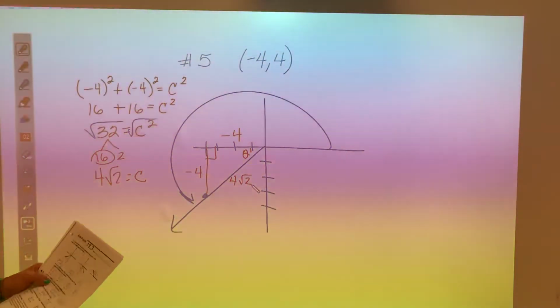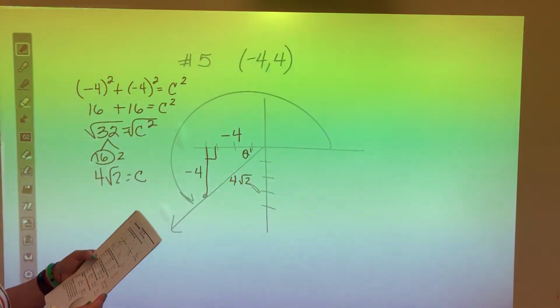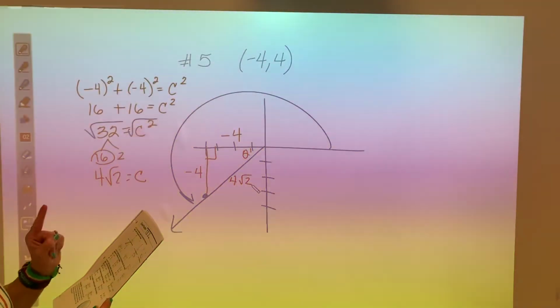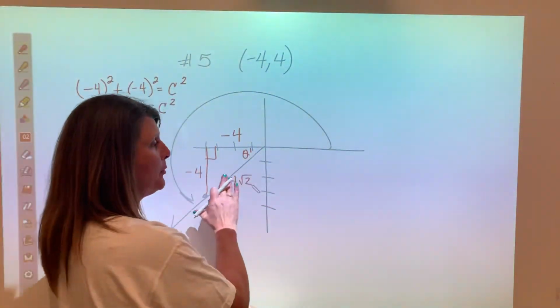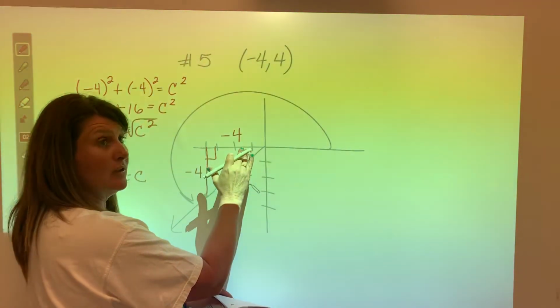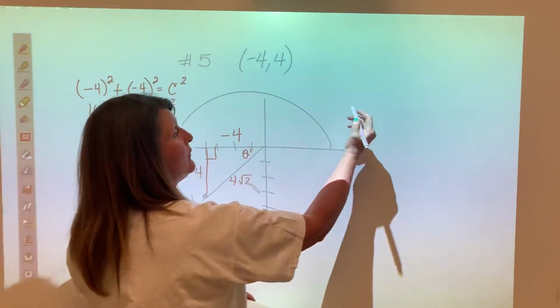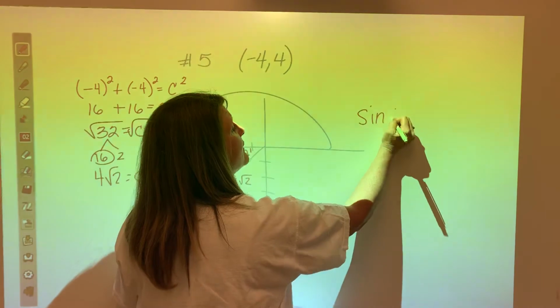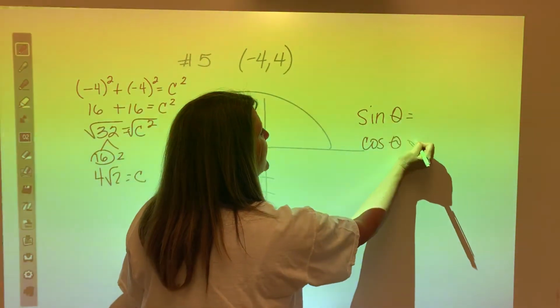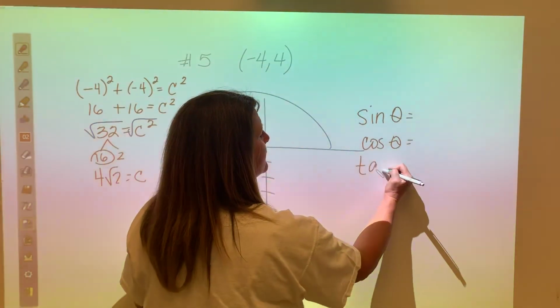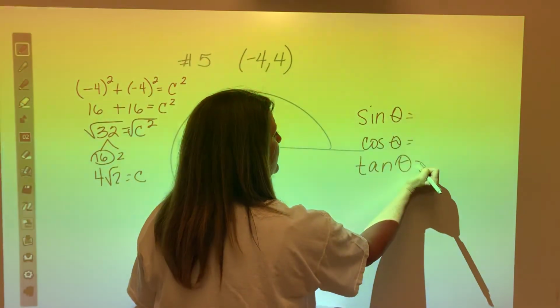So the directions wanted you to find the sine, cosine, and tangent of the angle. This one's a little bit different problem. It doesn't actually give you the angle measure itself. So it wants the sine of the angle, the cosine of the angle, and the tangent of the angle.